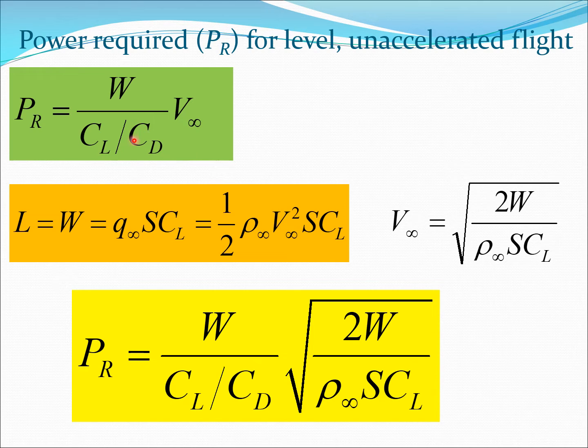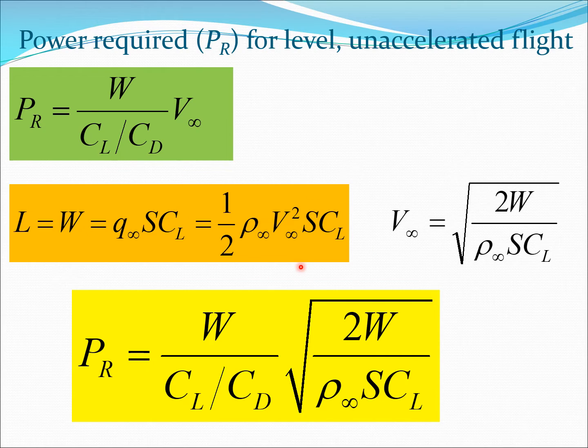Now we are going to take this equation and develop further relations, but before that we are going to take a qualitative look at power required. So again, let's start with this value for power required, and then we take the equation for lift. Remember, lift equals weight is q infinity S CL equals half rho V infinity squared S CL. Here rho infinity is the density of air, V infinity is the speed of the body, S is the area of the wing, and CL is the lift coefficient.